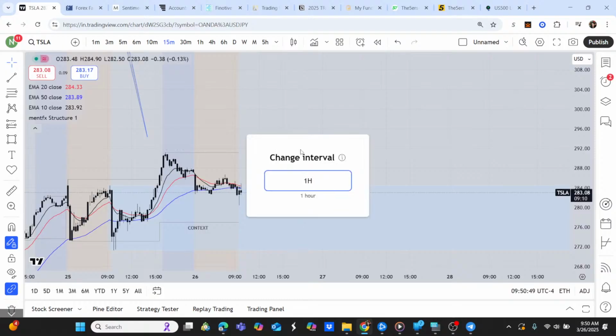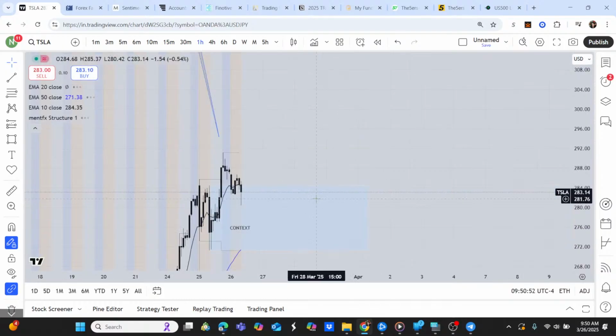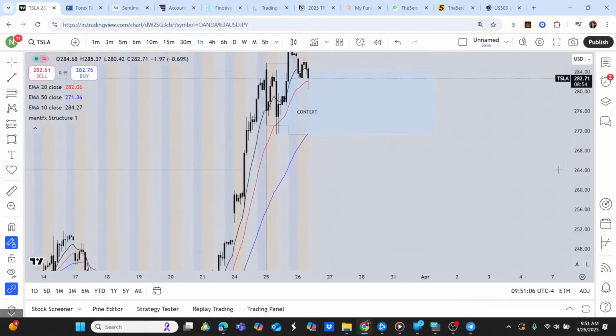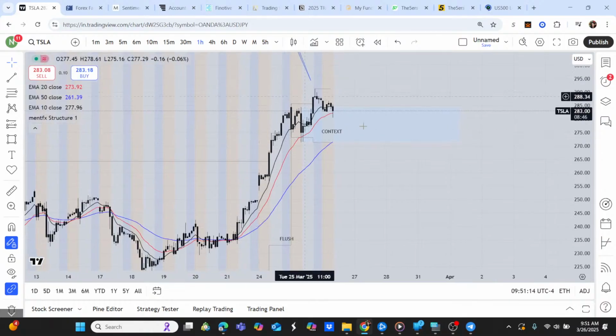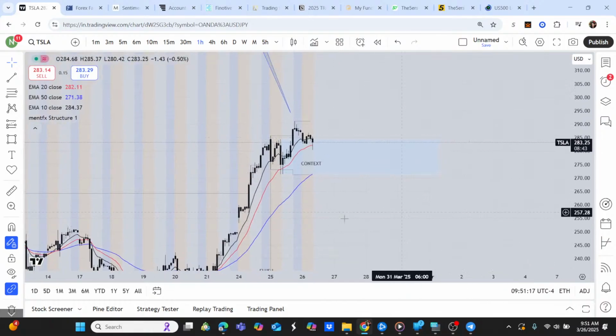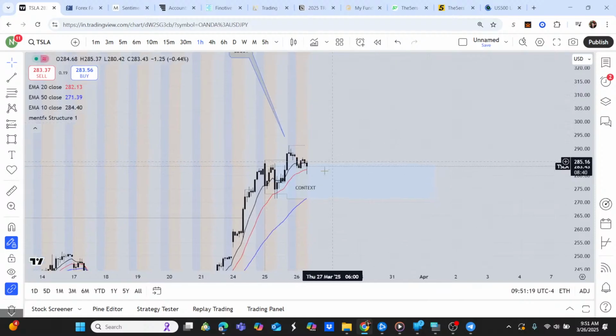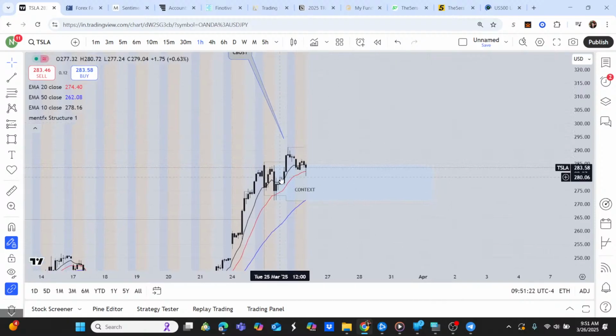However, if I was looking to trade a flush, we had one, two, three, four, five. It's too late in here. So most likely we're gonna flush down deeper. Yeah, this wouldn't be ready.